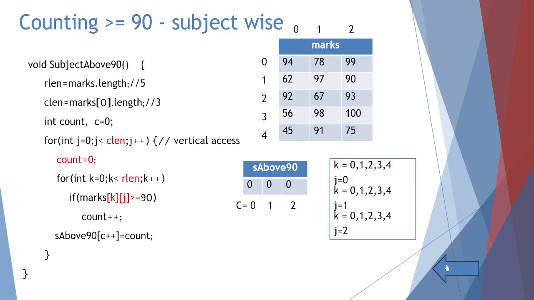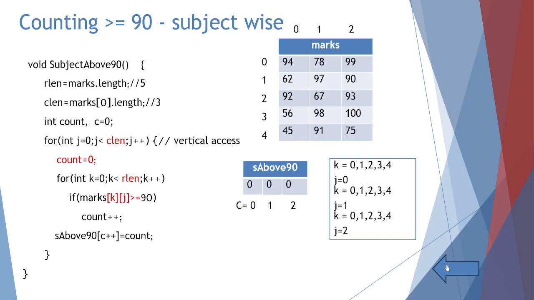Now the program: subject above or equivalent to 90. rlen we are initializing with marks dot length, that is 5 rows. Then clen, column length, marks of 0 dot length. Here we are trying to access vertically. So int j is equal to 0, j less than clen.